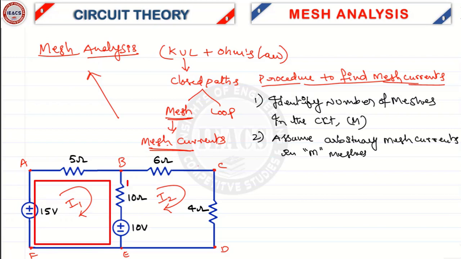Similarly, for the mesh B, C, D, E, B, I have assumed a mesh current I2 in the clockwise direction. You can also assume one mesh current as clockwise and another as anti-clockwise. Their direction and names are purely arbitrary, whatever you choose.